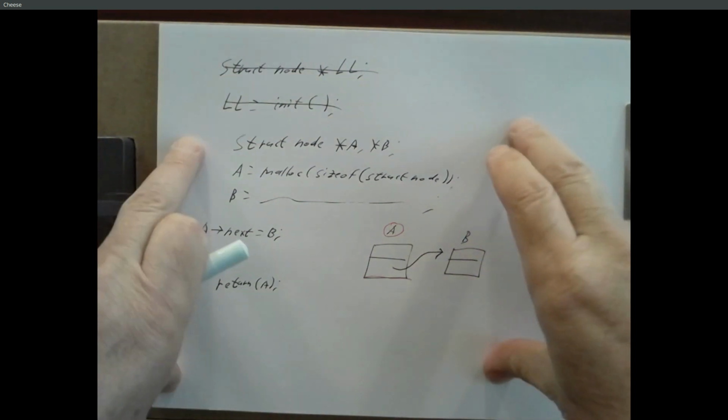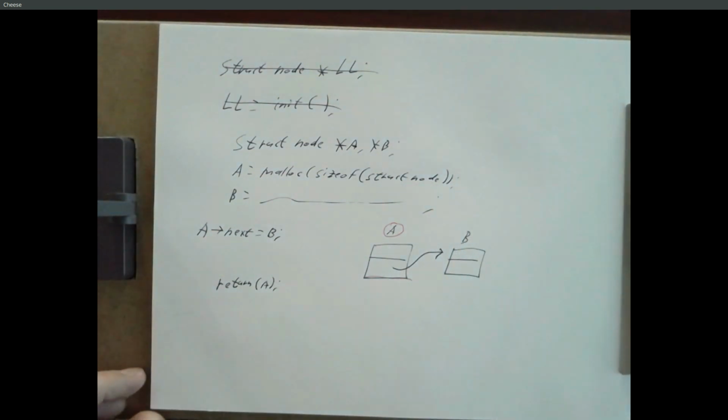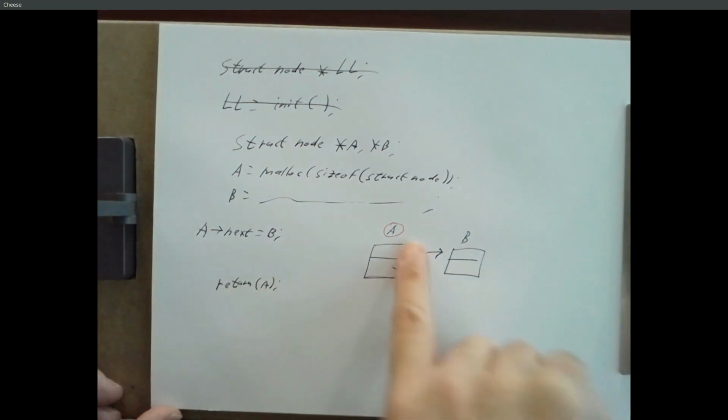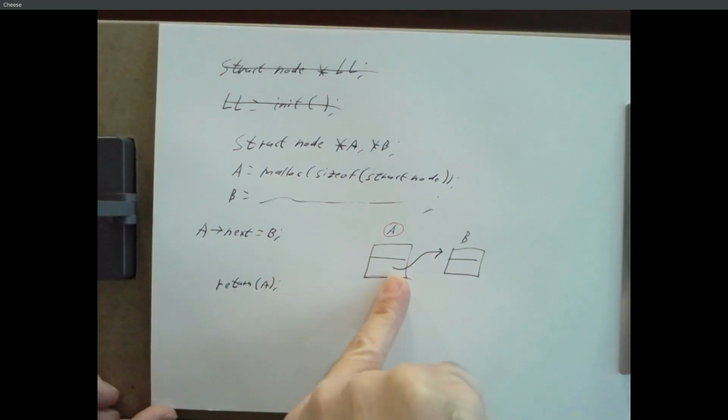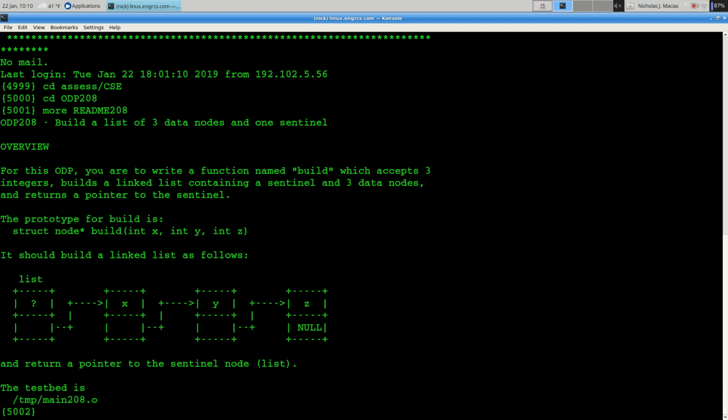So if this was in a function that returned a struct node star, and I said something like, you know, X equals function name, X will end up being the address of this first node. So sentinel node for 208, but whatever we decide to return. So getting this just right takes a few tries maybe, but try to believe that it makes sense when it works.